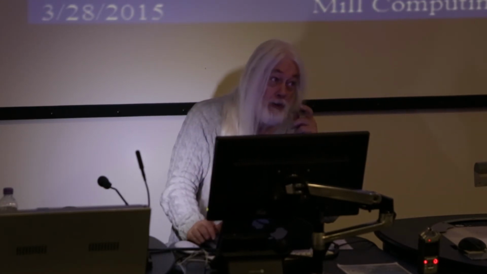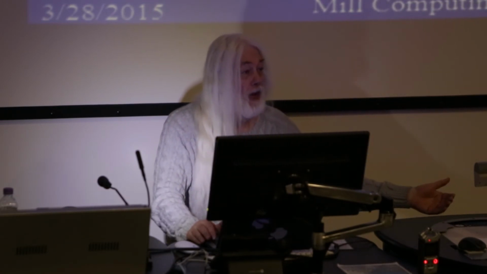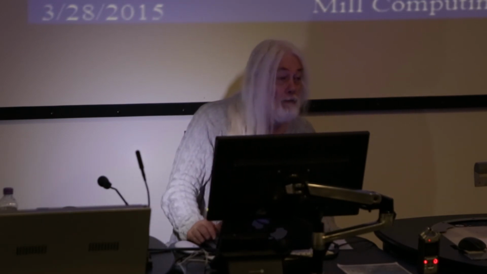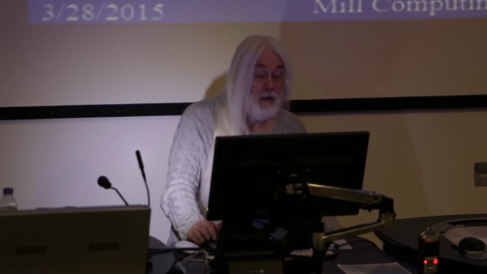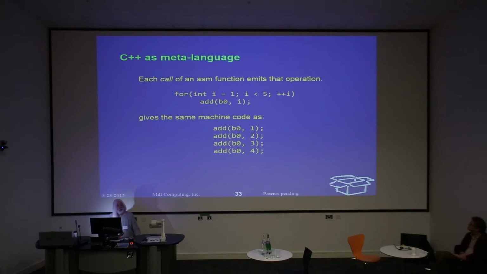Now, because we're in C++, every call of one of those ASM functions emits the corresponding operation. So if I write something like that, you'll get the same resulting machine code as that, because we're using C++ as a macro meta language.